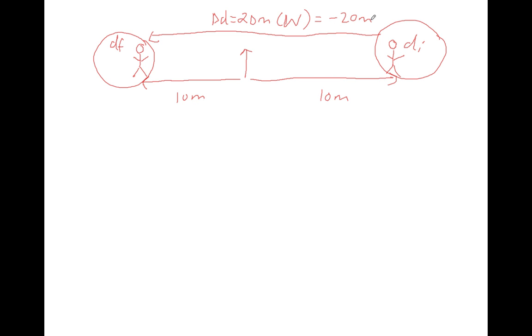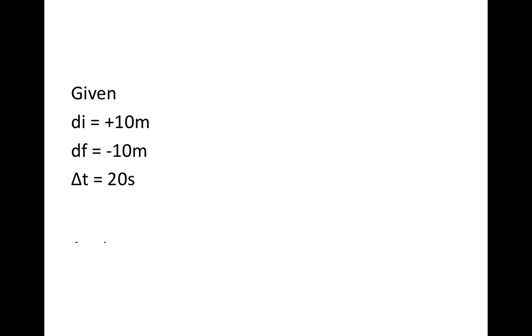Now I'll show you how to do this mathematically. So we write out our given information. D initial equals positive 10 meters. D final equals negative 10 meters. Delta T equals 20 seconds. And our unknown is our velocity.